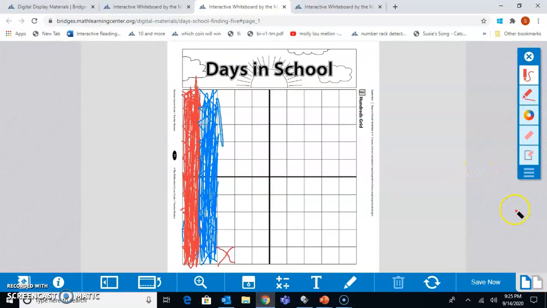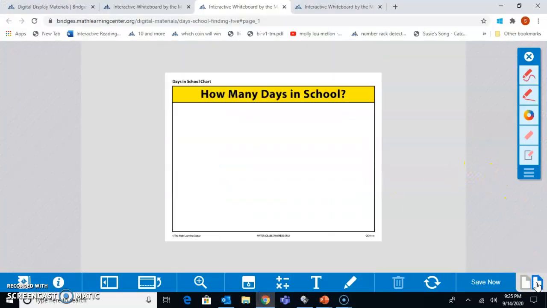So on this chart, we have 21 and we write 20, put a dash, 1, 21.